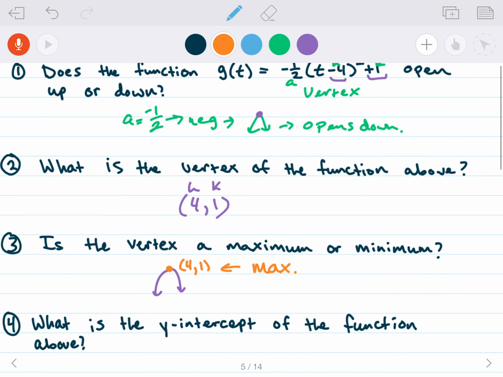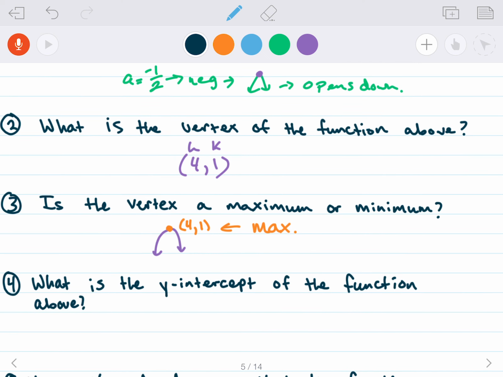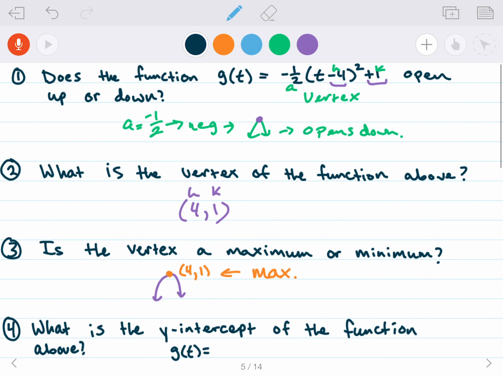What is the y-intercept of the function? Well, this time our input variable is t, so we're going to replace t with 0. So we say, well, g of t is going to be equal to negative 1/2 times (t minus 4) squared plus 1.